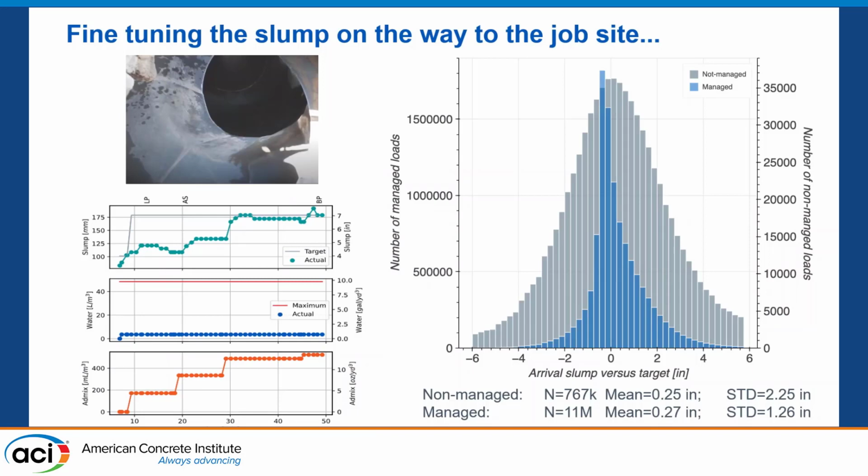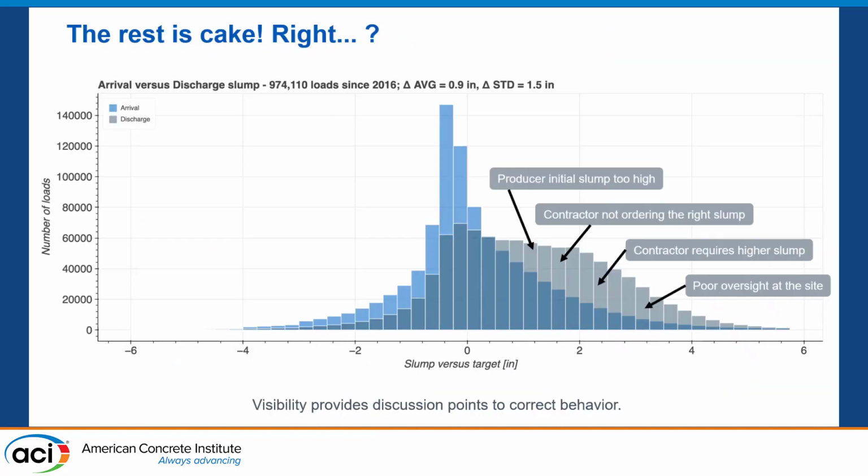All right, and the other thing that I want to point out is the non-managed, that's about 750,000 loads, so 750,000 data points. And the one with managed, we have over 11 million loads. All right, so this is something that obviously the ready-mix producers are adopting and using very well to get excellent control. Going again from a 2.25 standard deviation to 1.25.